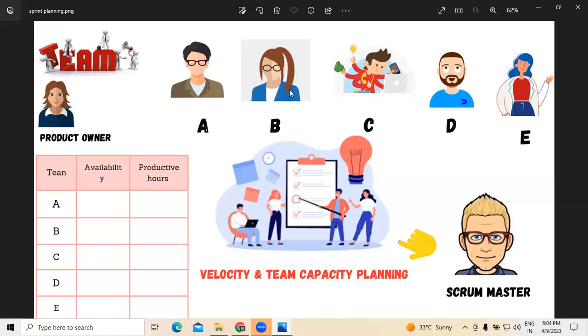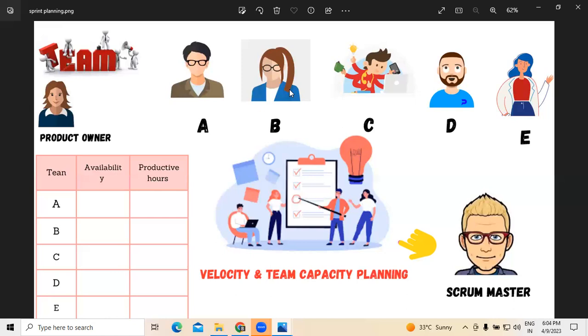Right. Excellent. So capacity planning is the one which majorly tells us how many hours we have and how many hours these people can spend to complete the work. To know that, generally capacity planning will be done.